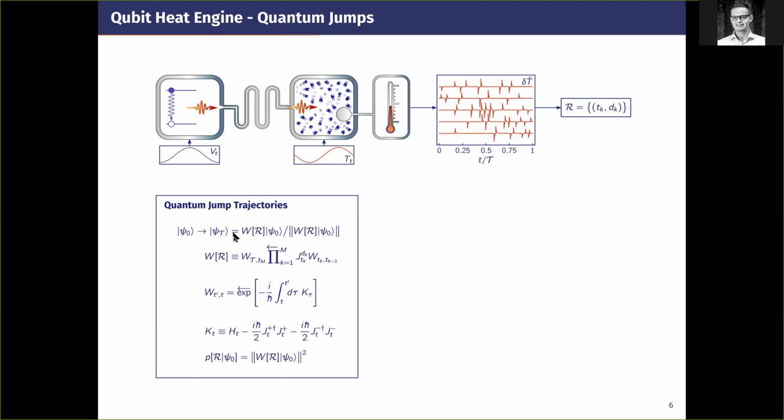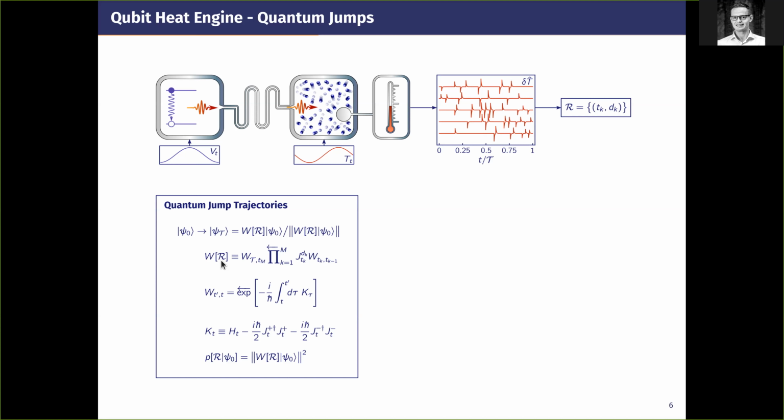This evolution is governed by some operator W of R, which depends on the measured records. And it includes two types of dynamics. Whenever we see a photon emission or absorption, the system instantaneously changes its state, and that's described by the jump operators. And in between the jumps, the system follows a continuous evolution, which is governed by this time-ordered exponential here, and this effective Hamiltonian.